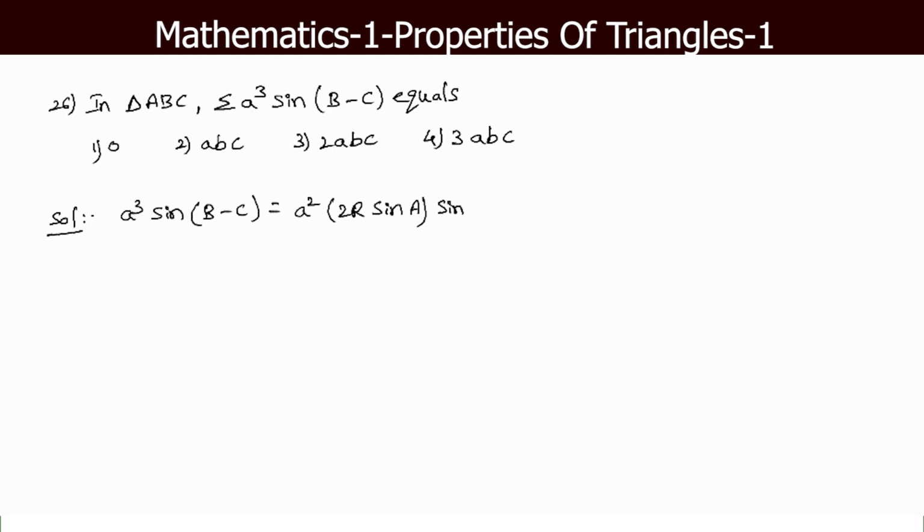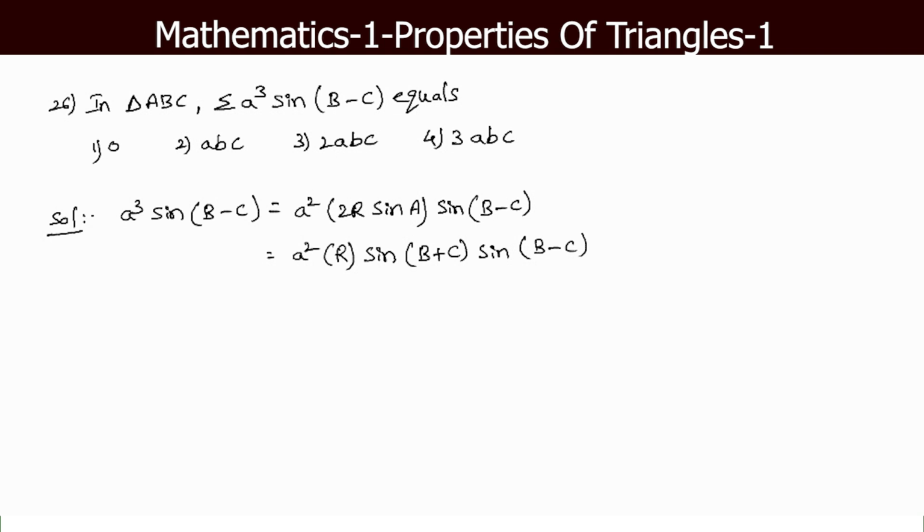A cubed sin(B minus C) you can write as a square into a sin(B minus C). You write a as 2R sin A, and replace A with 180 minus (B plus C), that means sin(B plus C) you will get. So a cubed sin(B minus C) is equal to a square into R into sin(B plus C) into sin(B minus C).